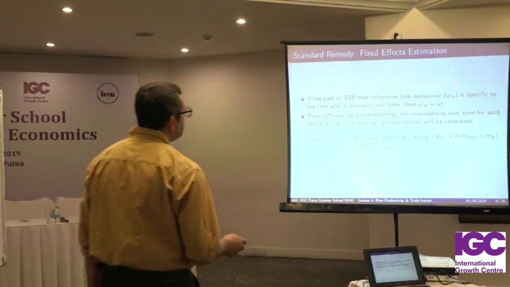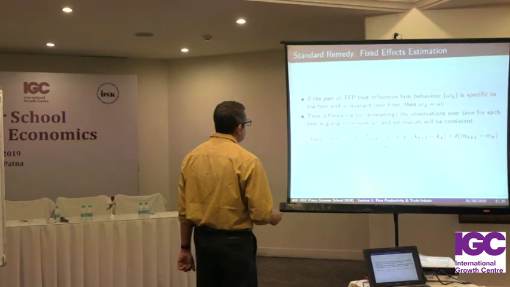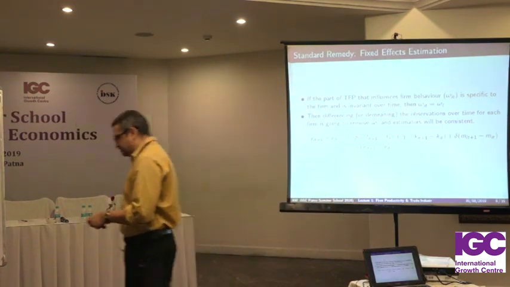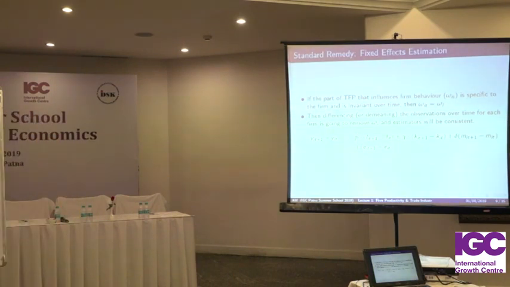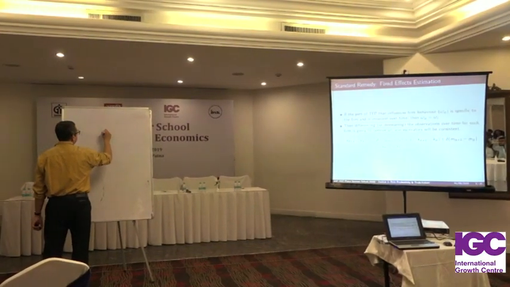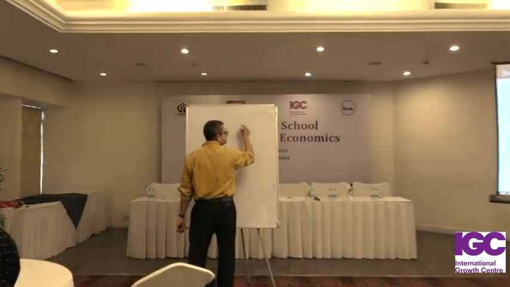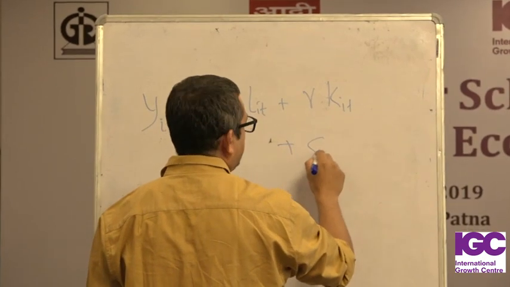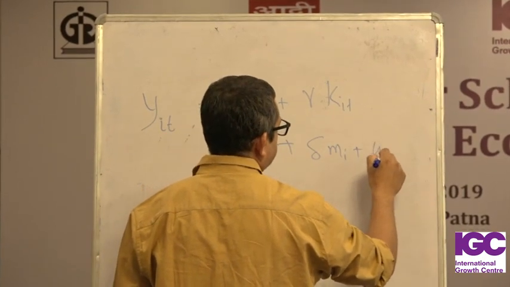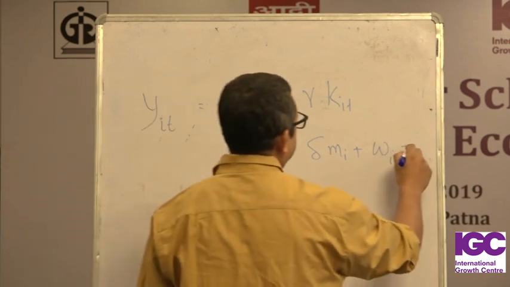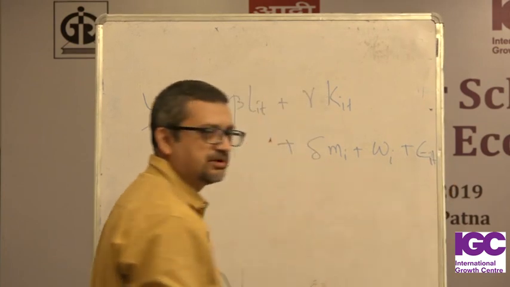If that is so, notice what happens if I write this down. I have longitudinal data, so y it equals beta times L it plus gamma times K it plus delta times M it plus something I don't observe but the firm observes, omega i, plus some idiosyncratic error.